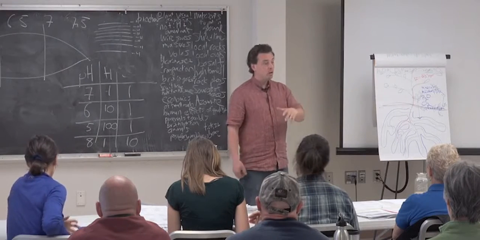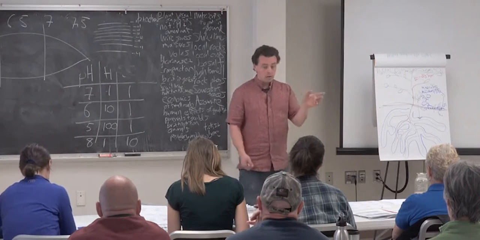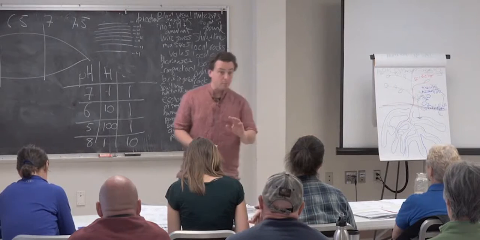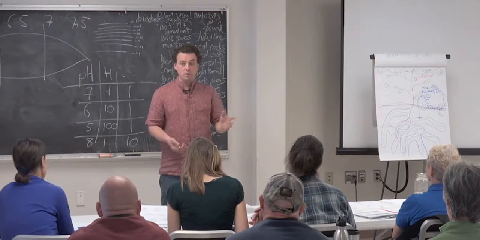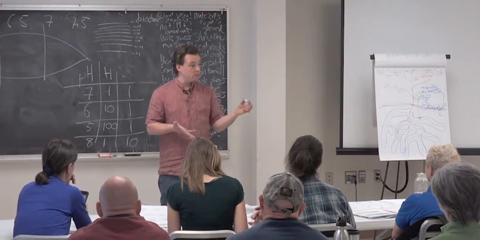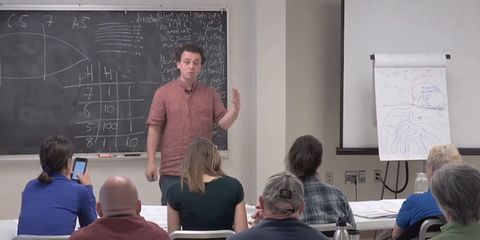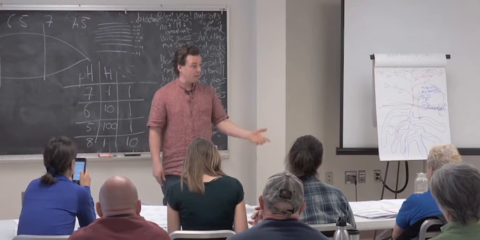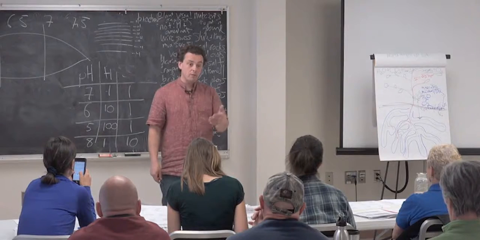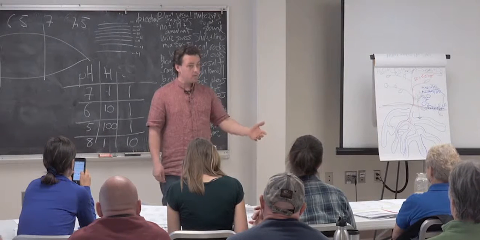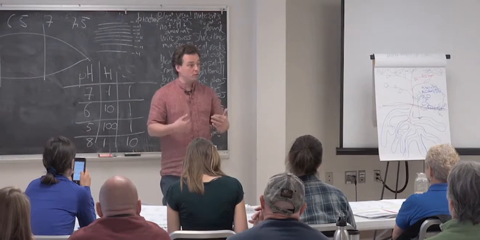However, minerals are foundational. I like to use the example of vitamin B12. People have heard about vitamin B12. If you're a vegetarian, so I've been told, sometimes your doctor will tell you that you need to supplement your diet with vitamin B12 because there's not enough in your plant-based diet. There's not enough vitamin B12 for you to function.